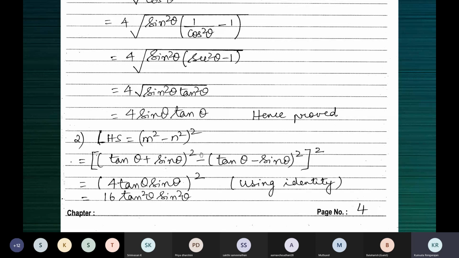A plus b the whole square minus a minus b the whole square is equal to 4ab, which is 4 tan theta sin theta. So the whole square: 4 into tan theta into sin theta, the whole square. So 4 square is 16, tan theta the whole square is tan square theta, sin theta the whole square is sin square theta.